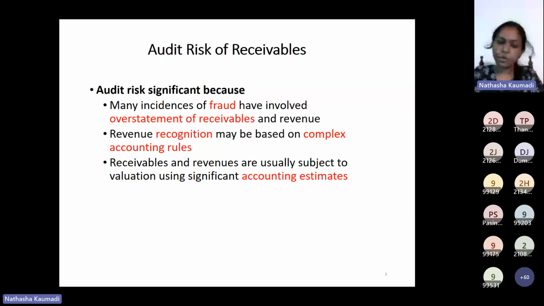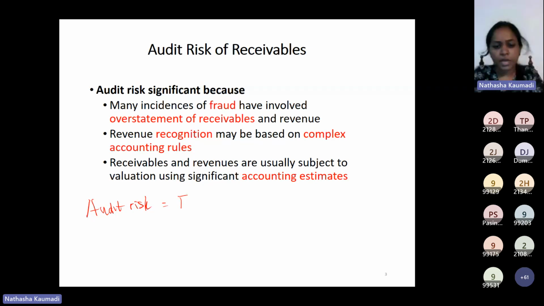Audit risk. First of all, can you remember how you are going to compute audit risk? We are going to compute audit risk using three elements, as you have learned. What are the components of audit risk?